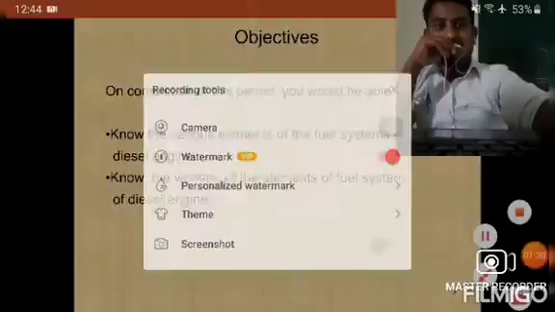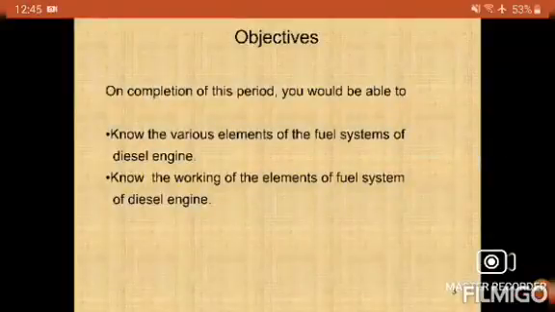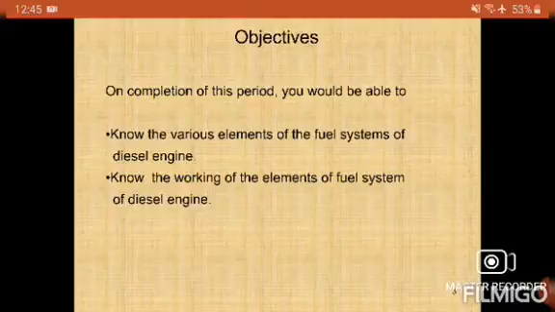It supplies the fuel stored in the tank to the engine cylinder, with the help of some arrangement and mechanism. That is the main thing: supplying fuel from the fuel tank to the engine cylinder.